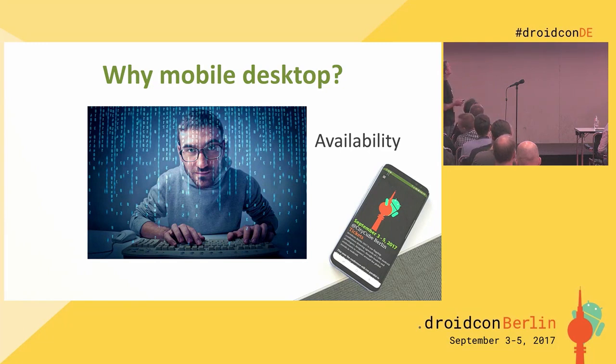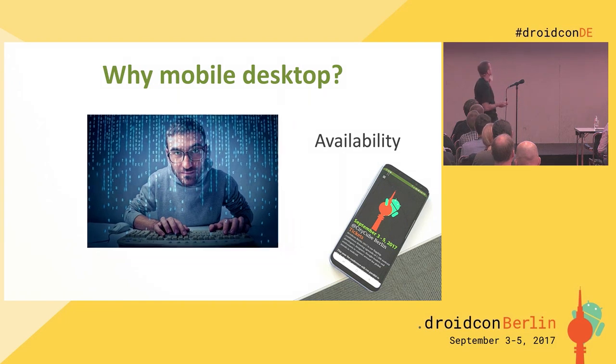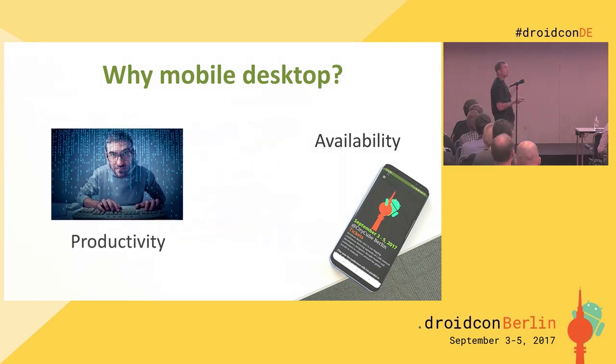But to do things like that, we would like to have a large screen, a true multi-window operating system, where you can open multiple windows at the same time. Perhaps we would like to have a physical keyboard with all the shortcuts and the mouse, and that makes us really productive. So desktops are great in terms of productivity.